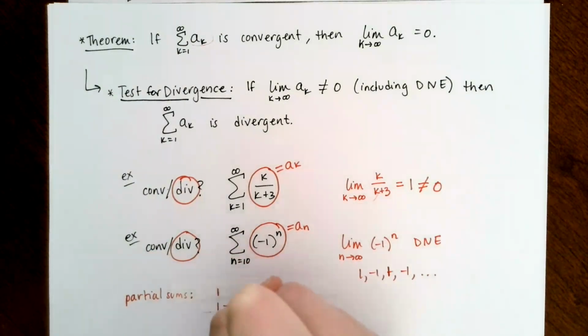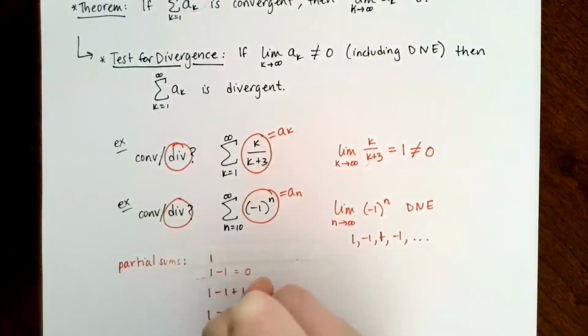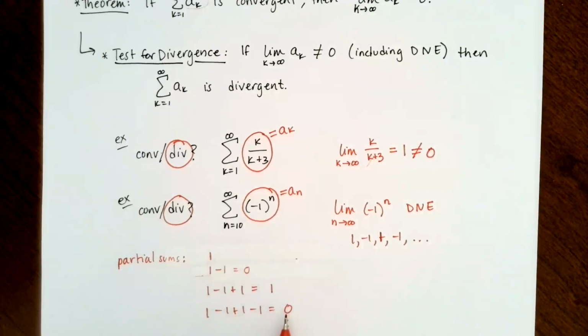And then 1 minus 1 plus 1, that's 1. And then 1 minus 1 plus 1 minus 1 again, and so on. So this sequence of partial sums is 1, 0, 1, 0, 1, 0. That sequence isn't convergent, it's divergent because the limit doesn't exist. So we could have decided it was divergent that way as well.